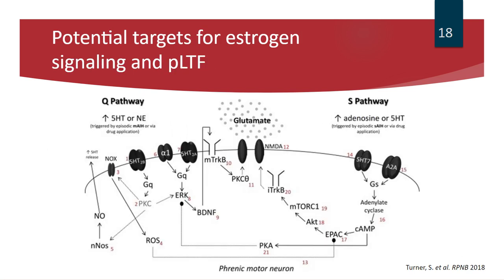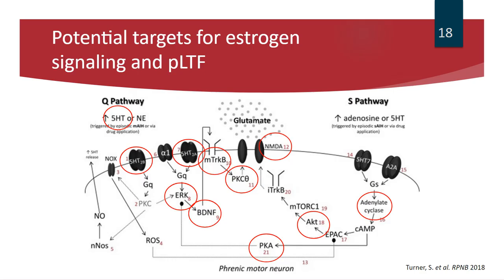So if we go back to our description of the known mechanisms of neuroplasticity, we have a whole bunch of targets that have been previously described in other parts of the central nervous system that could be directly impacted by estrogen signaling. So for example, right at the top of the Q pathway, estrogen has been identified to work presynaptically to potentially affect serotonin release.